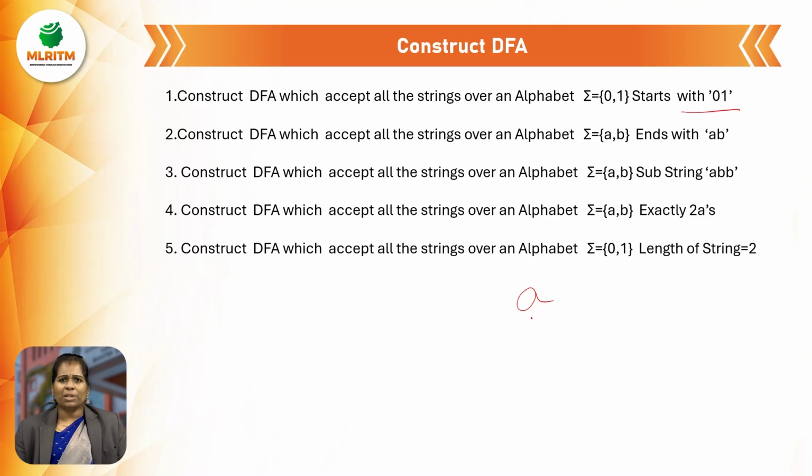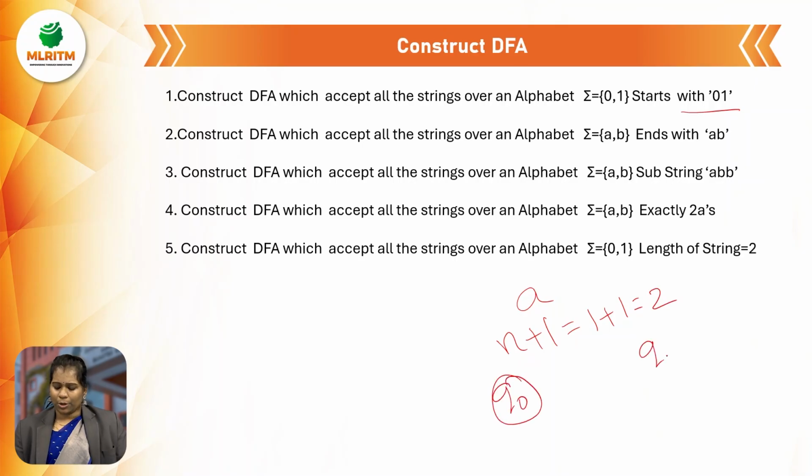So how many states do we have? We need to take the formula n plus 1. How many variables are given? Only 1. 1 plus 1 is equal to 2. So we have two states, Q0 and Q1. Here Q0 is the initial state and Q1 is the final state.